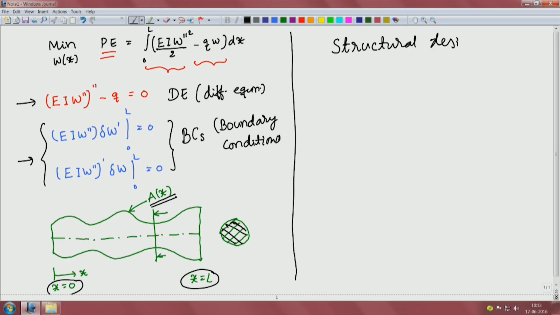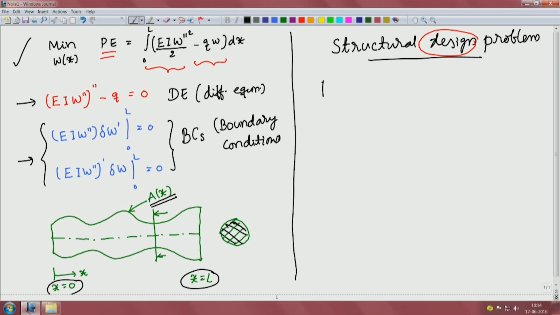This is to say that variational methods or calculus of variations methods not only help us do analysis, which is this, we are analyzing the beam, finding its deformation and stresses and so forth. We can also do design. So, we can pose a problem which we had already done for bars, now we do for beams.